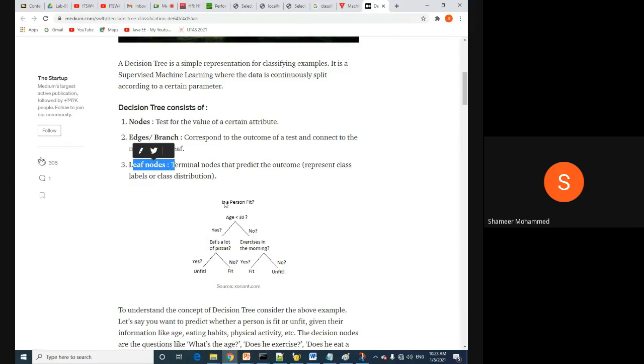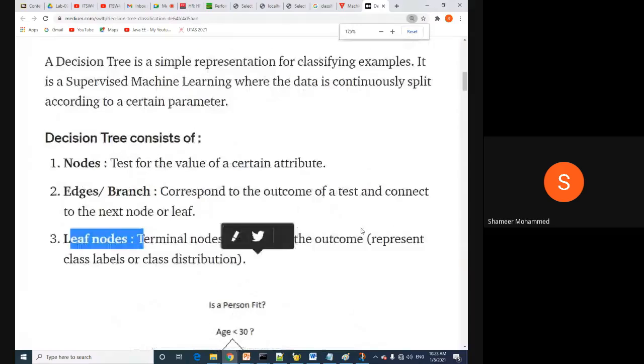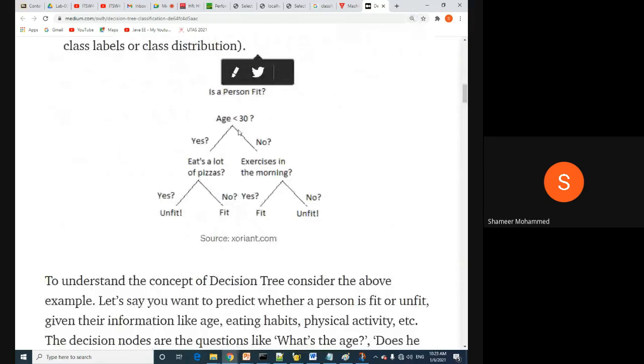Suppose you are healthy. If your age is less than 30, yes means you are eating a lot of pizzas. If you eat a lot of pizzas, you are obese, very fat. If you don't eat, then you are fit. Like true, false.